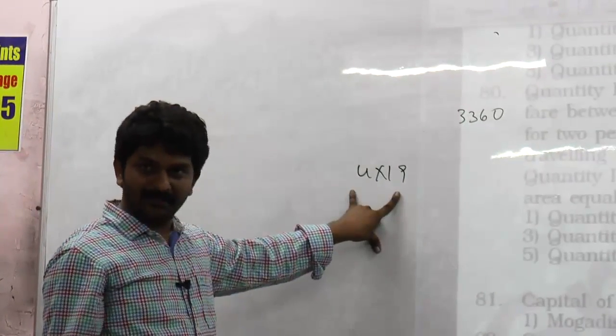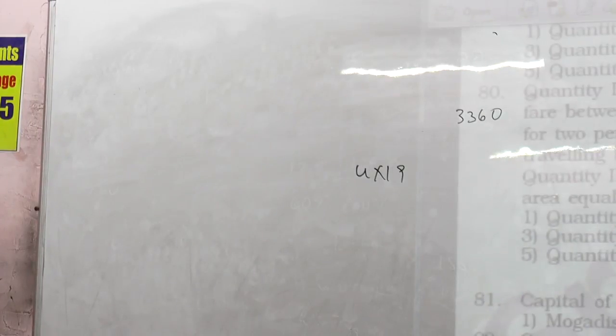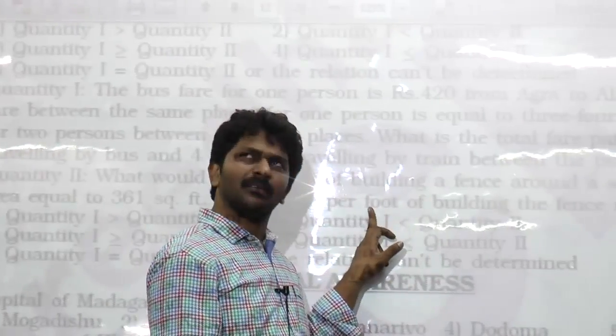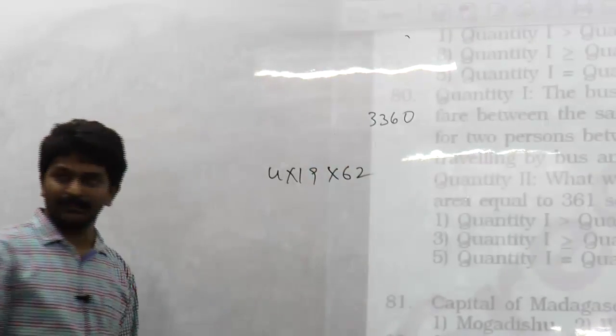This is perimeter. And if the price per foot of building the fence is 62 rupees, into 62.